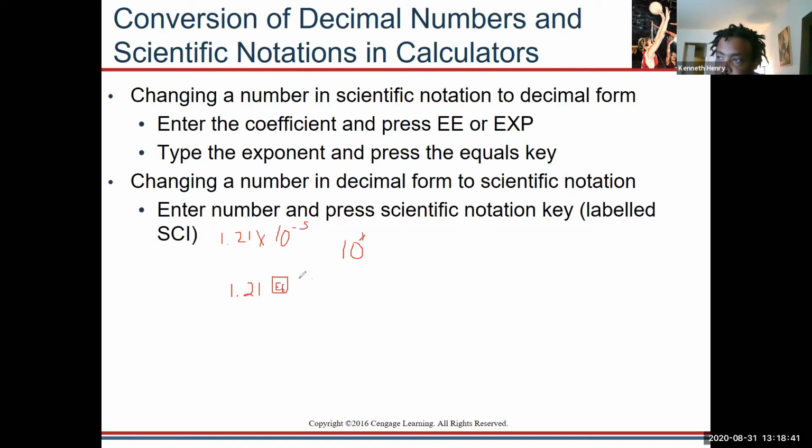There's another button that either says plus or minus, or has a minus in parentheses. Either one of those buttons. And then you put 5.